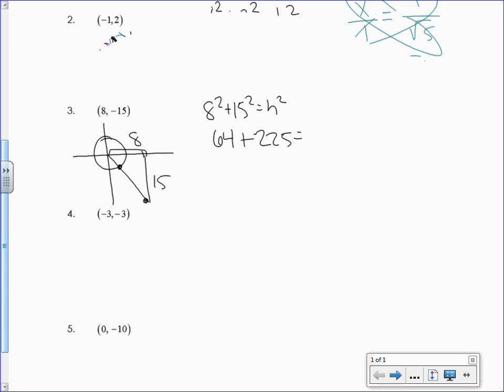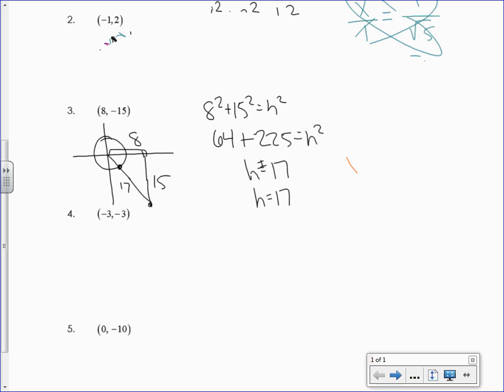Duh. And that's 64. Take the square root, 17. Really, you get plus or minus 17, but this is length, so I only care about the positive.